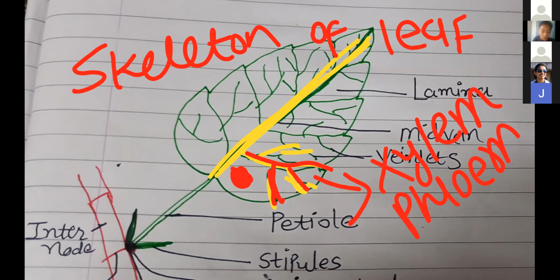Without a skeleton, no shape of body. In the same way, to remain intact and open in a proper shape, the skeleton of the leaf is required, and that skeleton is the veins, a rigid structure in which xylem and phloem are present, and due to this rigidity, the leaf lamina remains open.